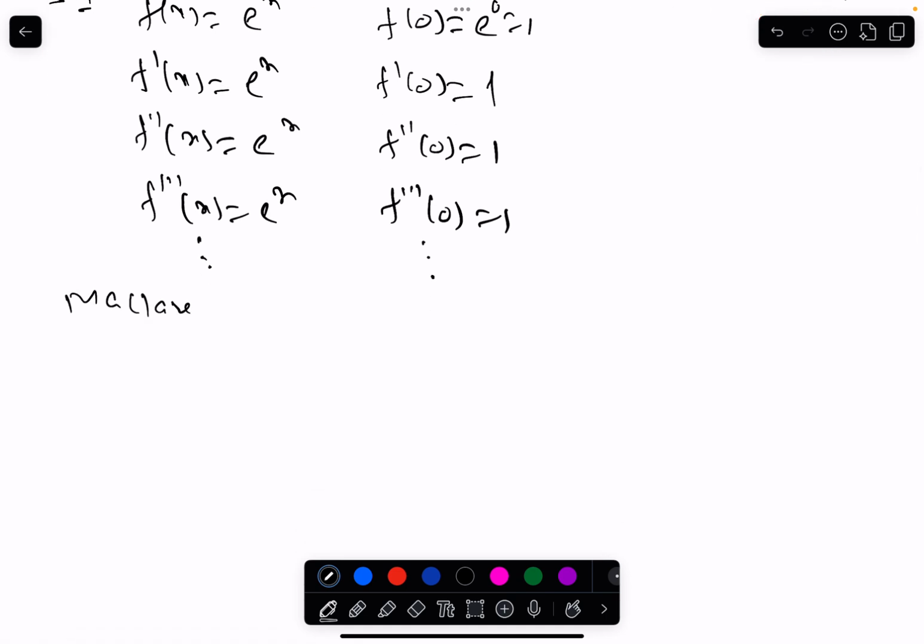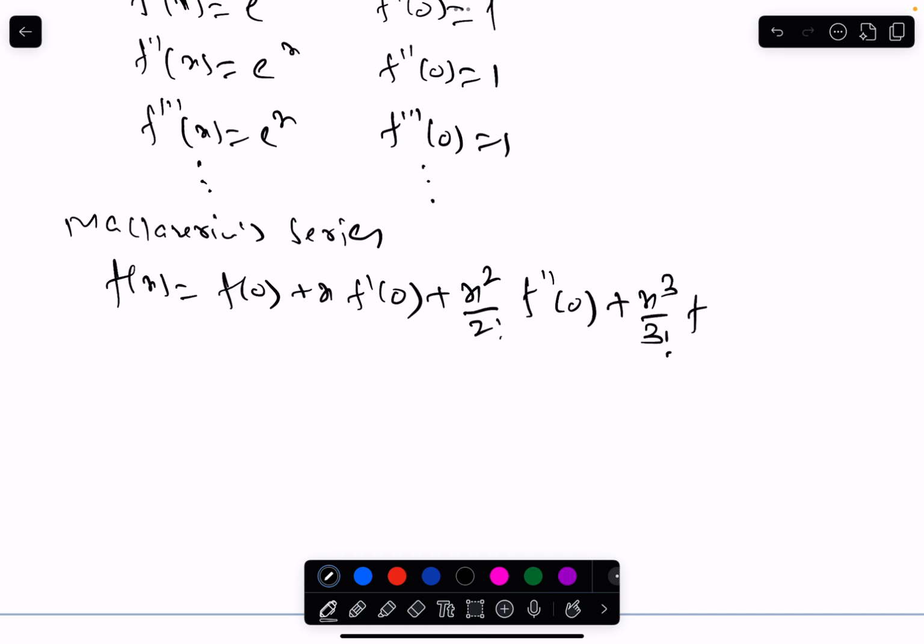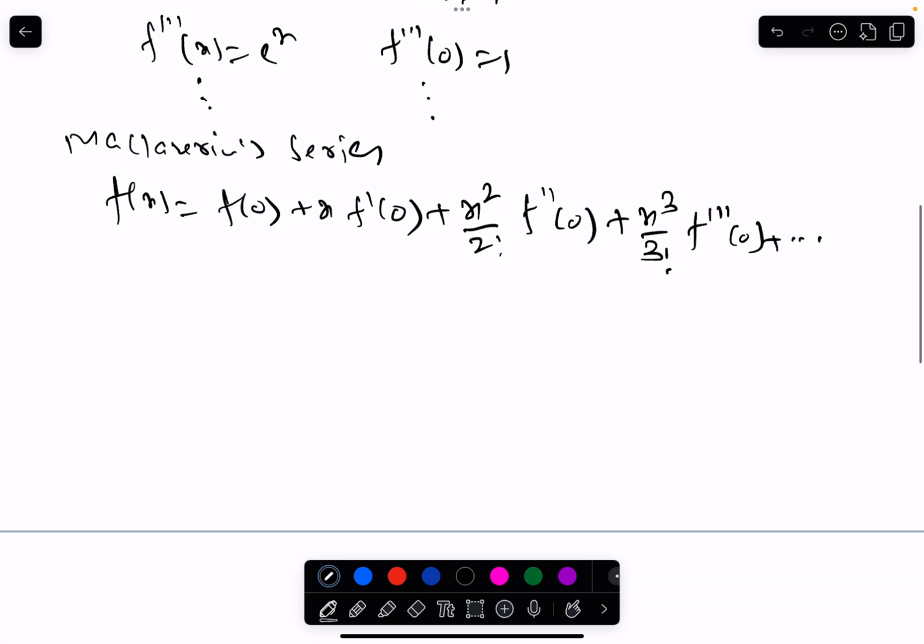So Maclaurin series is f(x) is equal to f at 0 plus x f'(0), plus x square by 2 factorial f second derivative at 0, plus x cube by 3 factorial f third derivative at 0, and so on.